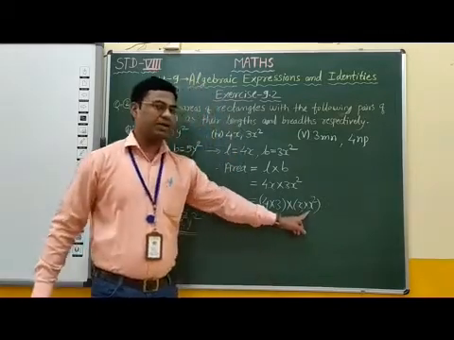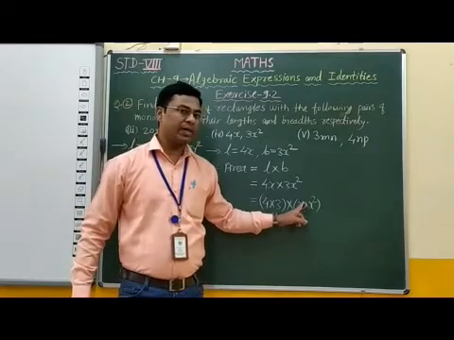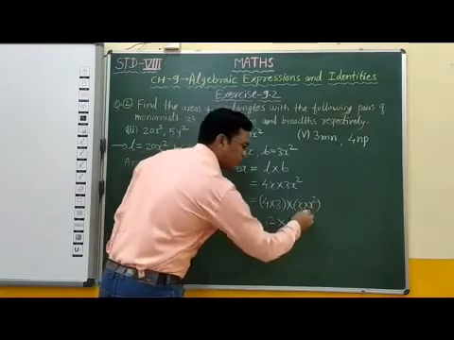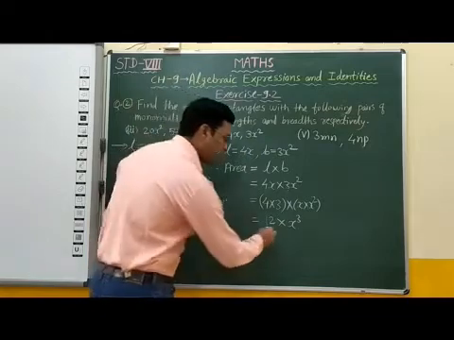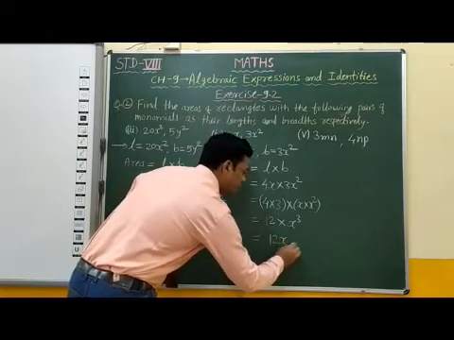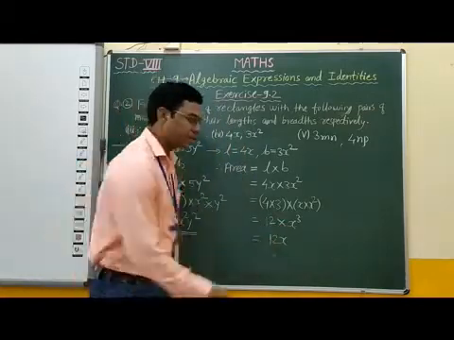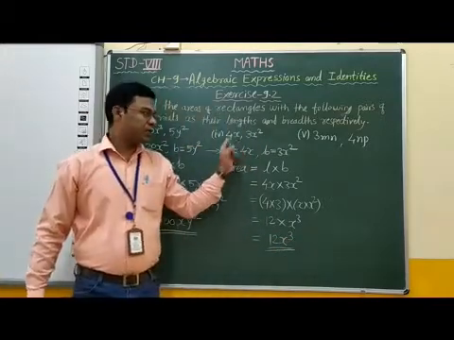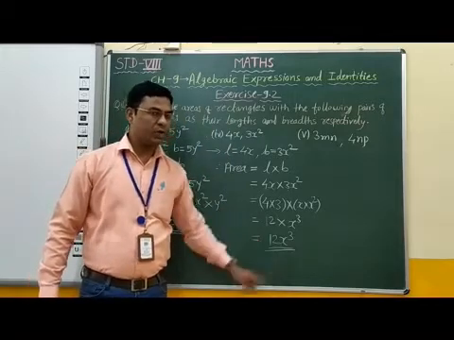Here multiplication of two variables with same base, therefore here we have to add their powers, that is here power 1, here power 2. 1 plus 2, 3. Therefore x power 3, that is x cube. Therefore multiplication of 12 and x cube is equal to 12x cube. Therefore students, here in this question area of a rectangle is equal to 12x cube.